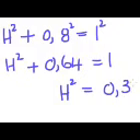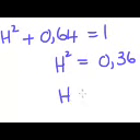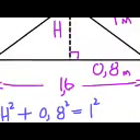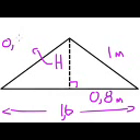So 1 minus that gives you 0,36. We then square root both sides, and h is 0,6 meters. So on our diagram we can now put that this is 0,6 meters.